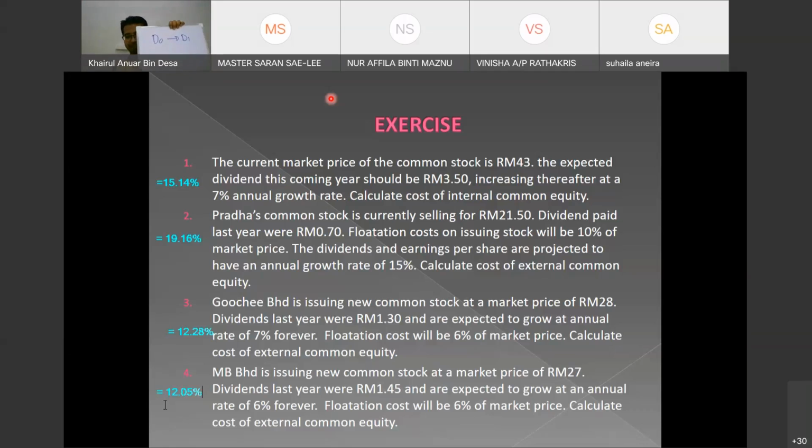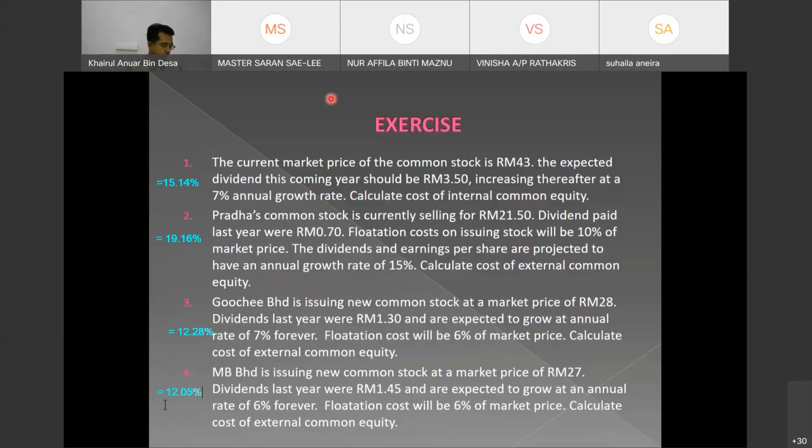So here, mana? Last year dividend 1.45 times (1 plus g).